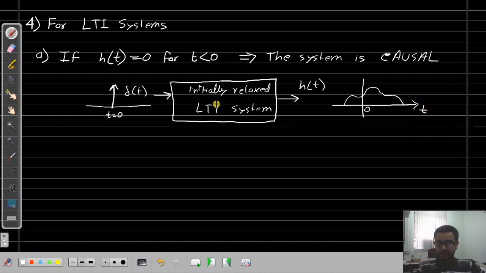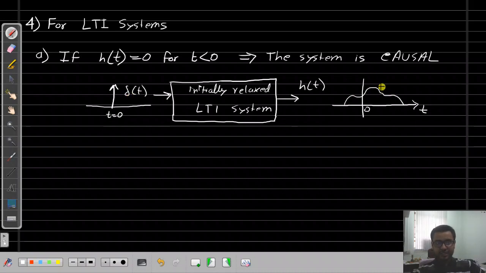Can the system be causal? No, because input is given at t equal to 0, but its effect is seen earlier. So it is obvious that if h(t) is non-zero before t equal to 0, the system is non-causal because the effect or output is coming before the cause or the input.